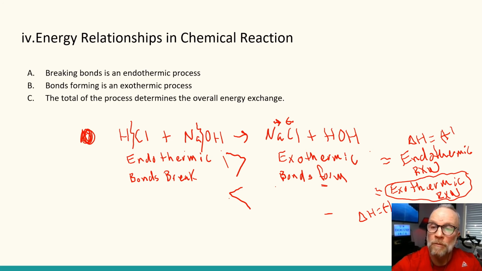So that's a little preview of our thermochemistry part. The main thing to remember is that endothermic is when bonds break, exothermic is when they reform. If the exothermic part is greater than the endothermic, the whole thing is exothermic. If the energy required to break the bonds is more than what is released after the bonds come together, then it's endothermic.